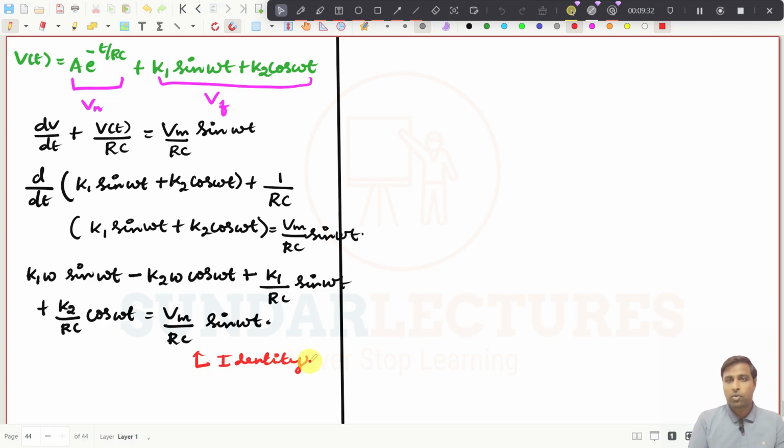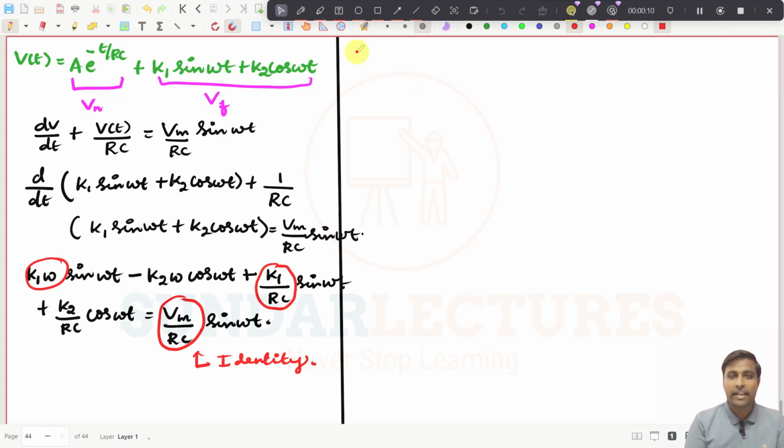So what you can do? You can just correlate the coefficient with the left hand side and right hand side. So this coefficient of sin omega t is Vm by Rc. Here it is k1 omega, and what you are getting here, this cos, this sine value, this is k1 by Rc.